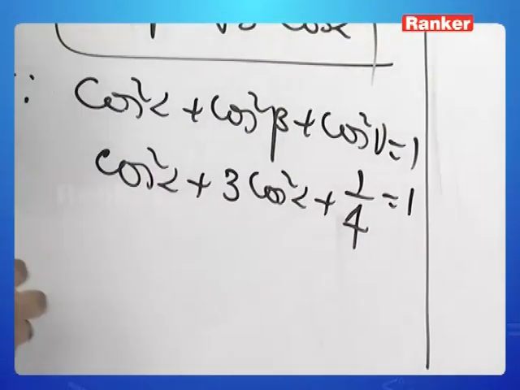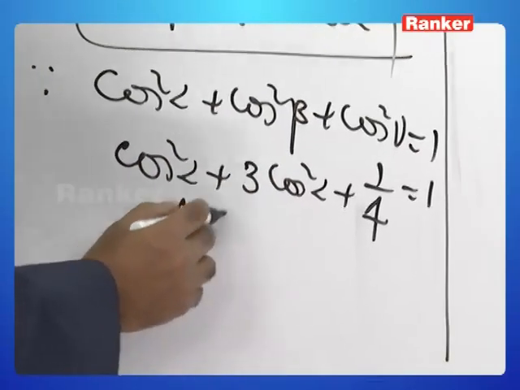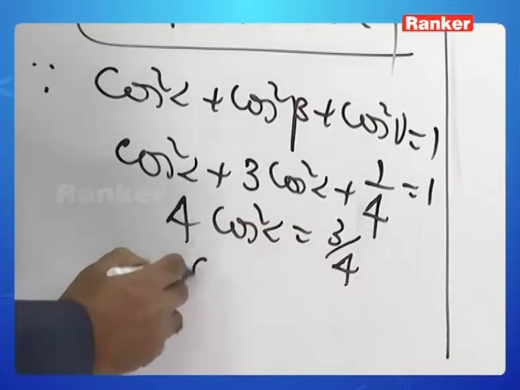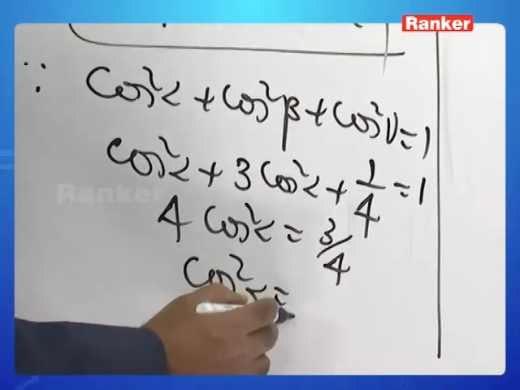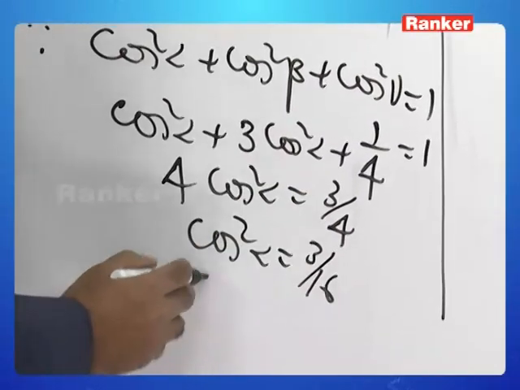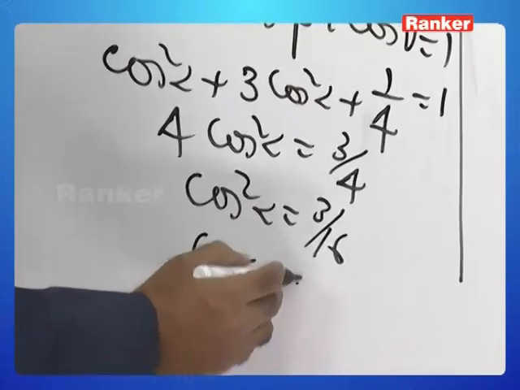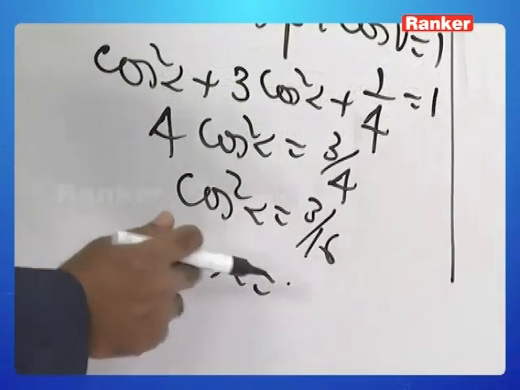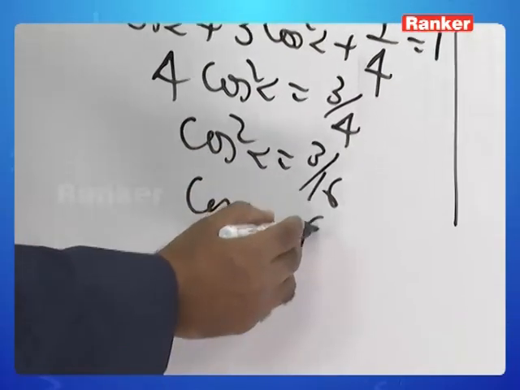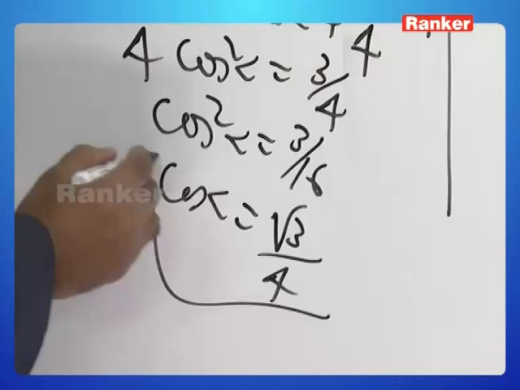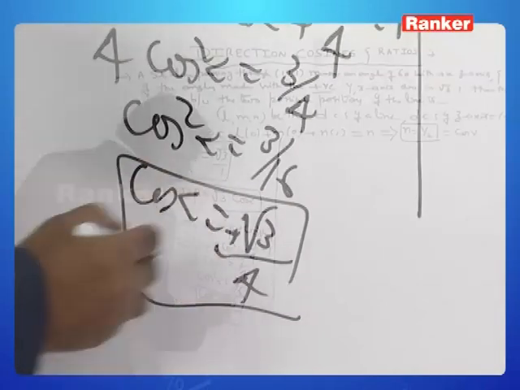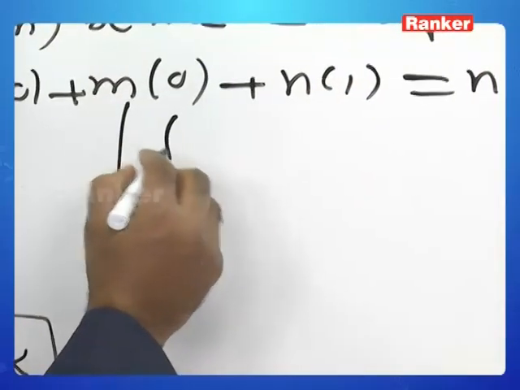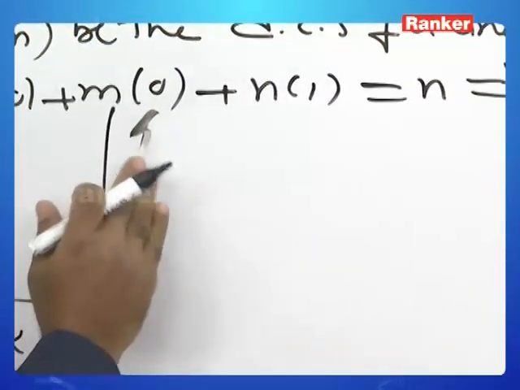Now 4 cos square alpha is equal to 3 by 4. So cos square alpha is equal to 3 by 16. Therefore cos alpha is equal to plus or minus root 3 by 4.